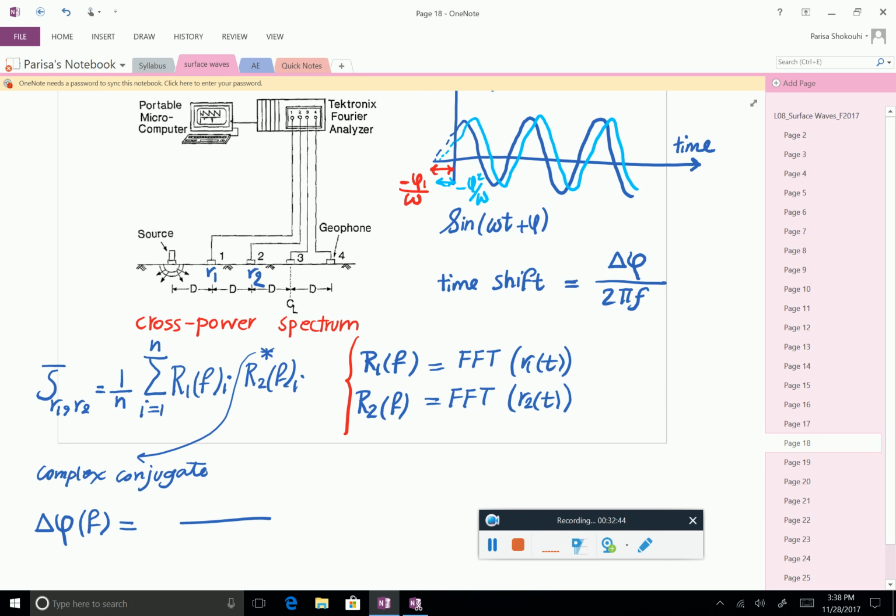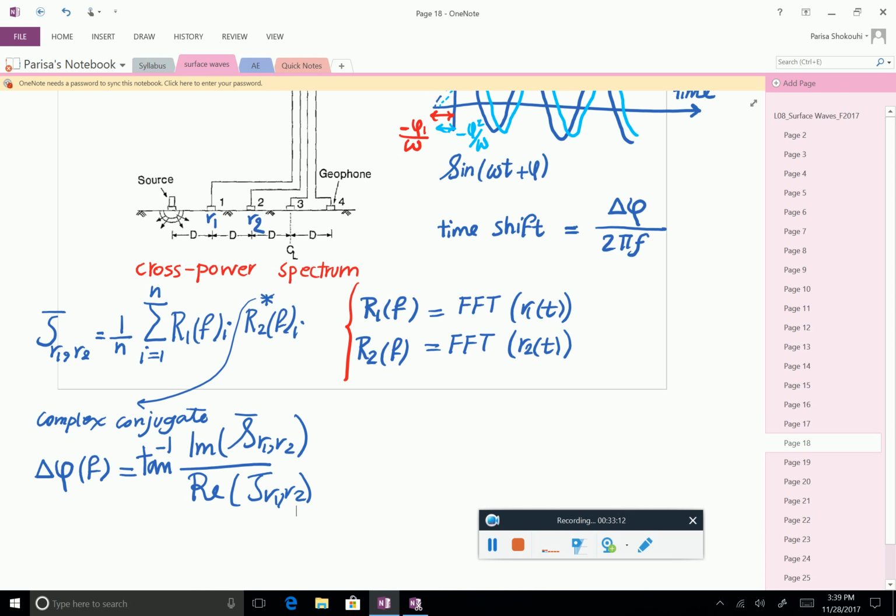Tangent. Exactly. Excellent. So if we want to get delta phi, we just use the imaginary part over the real part. And right now in MATLAB you just say angle or something like that, and it gives the phase to you.